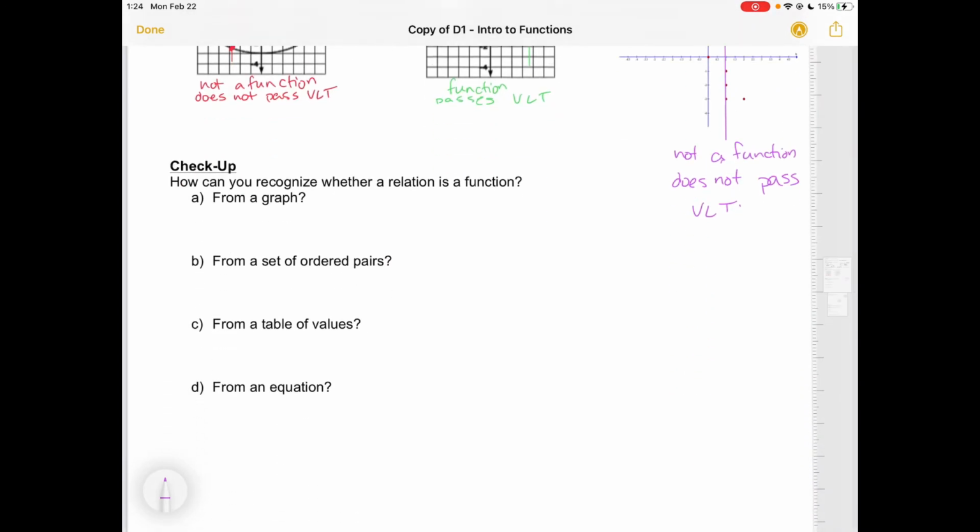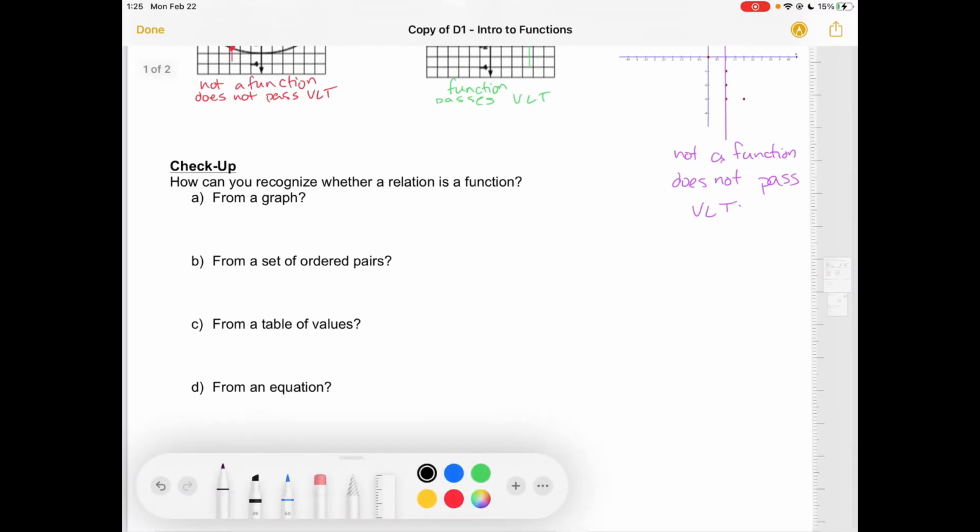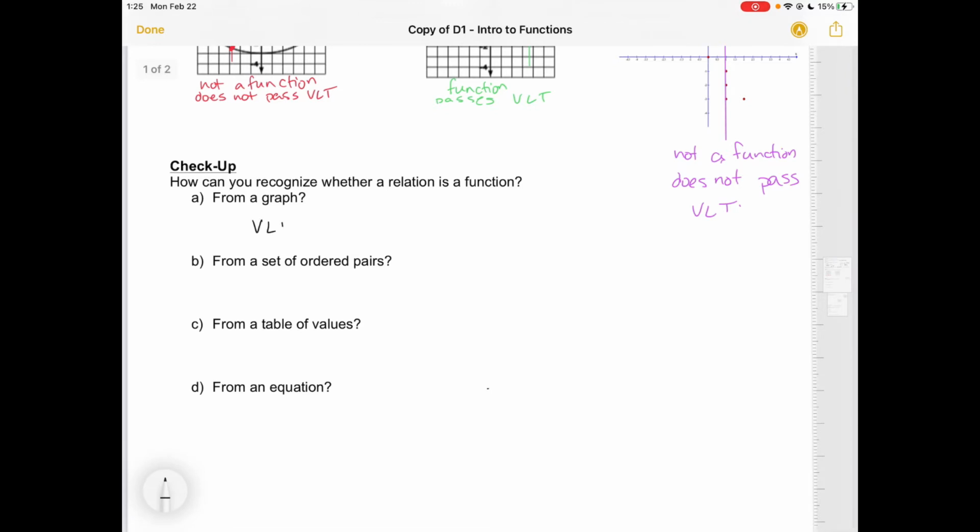So, to summarize, how can you check if a relation is a function? From a graph, we can use the vertical line test. From a set of ordered pairs, we can ask ourselves, are the x values the same? And same thing with a table of values. Are the x values the same?